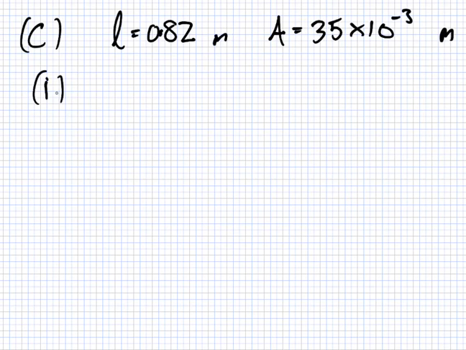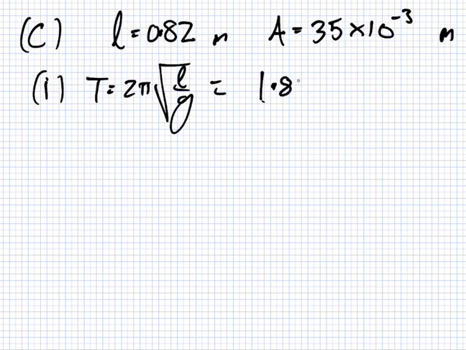What is the time? 2 pi root L over g. So provided you know how to use your calculator and you're not stupid, you'll be able to get full marks here. 2 pi root L over g, I got 1.817 seconds. We're using 9.81.